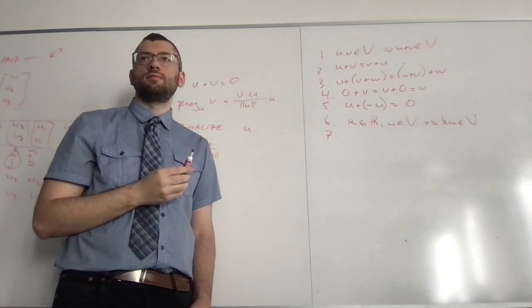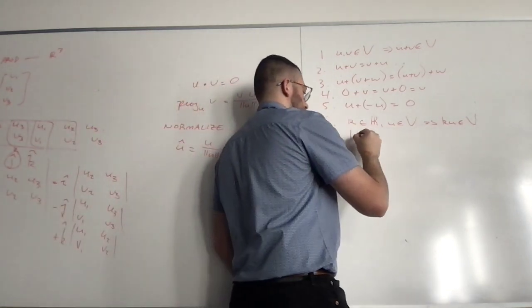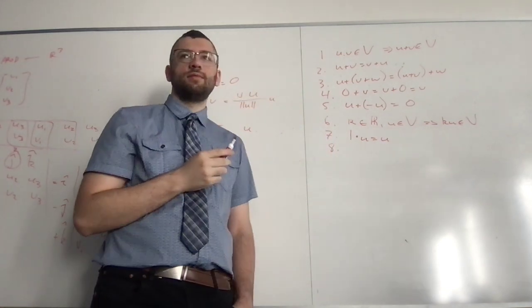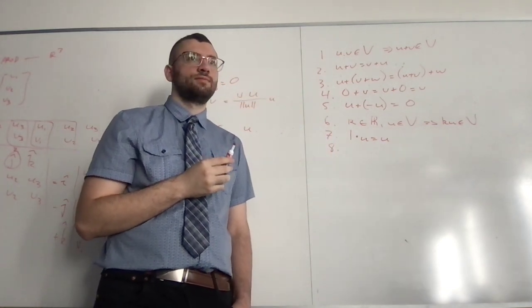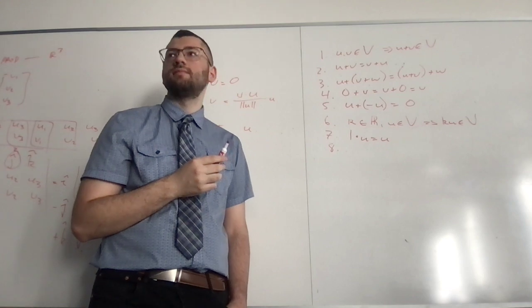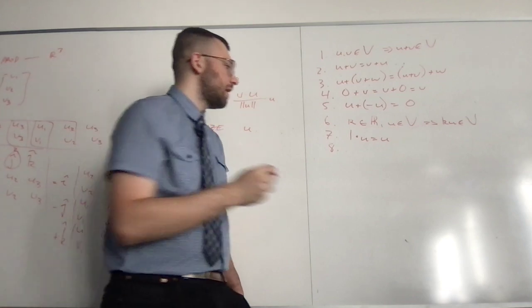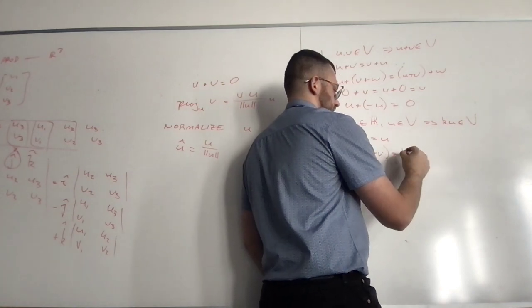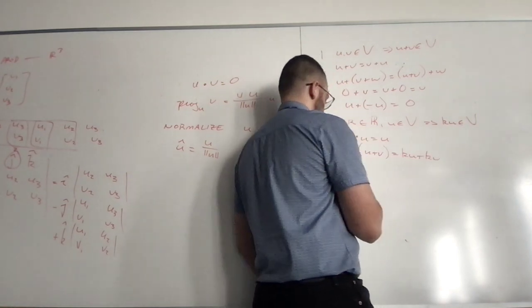Is there a 1 times U as well? Yep. 1 times U equals U. 8. Missing 3. Yep, that's one of them. K times (U plus V) equals KU plus KV.